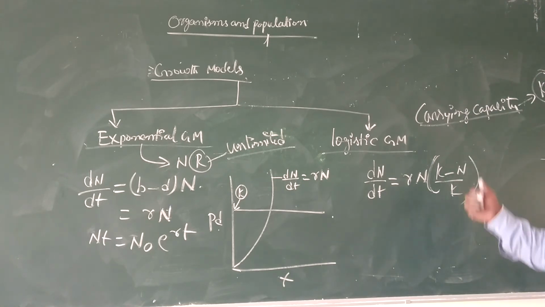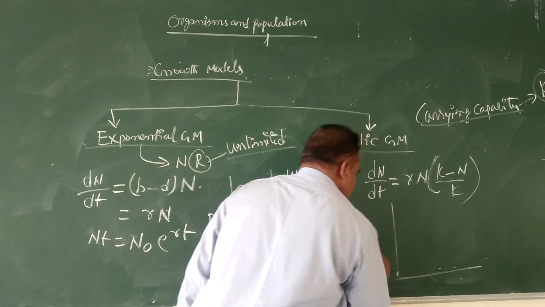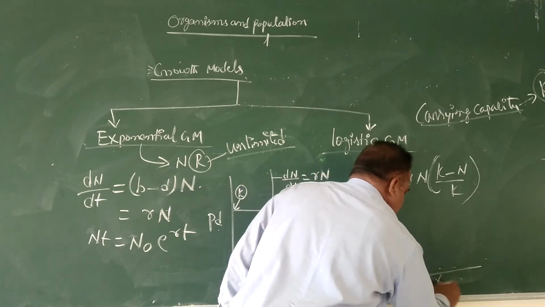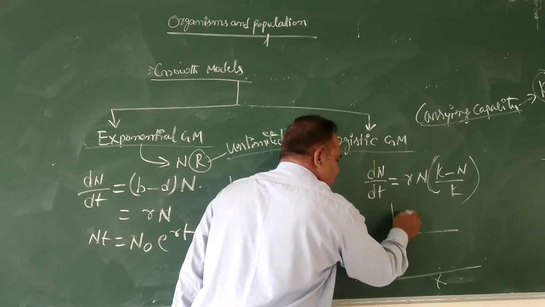In this growth model, one curve is obtained: population density against time. Here the horizontal line shows the carrying capacity.